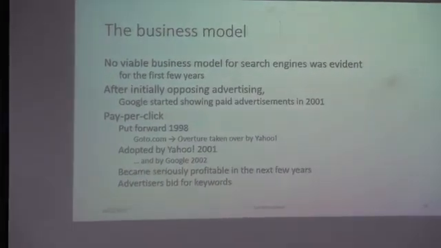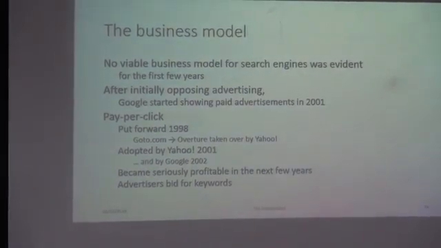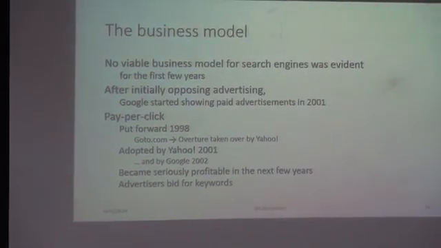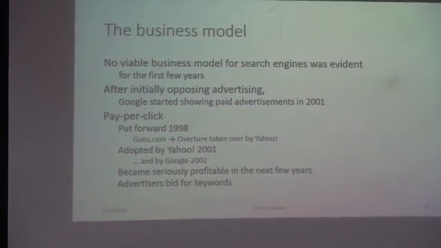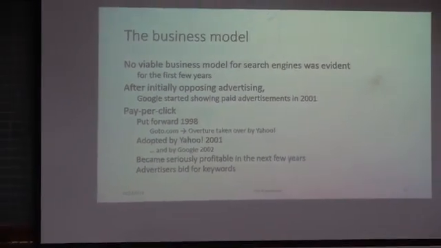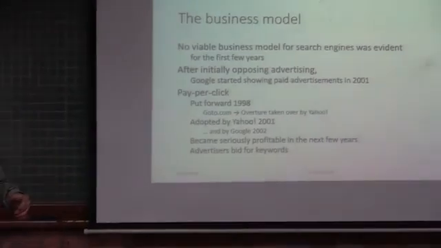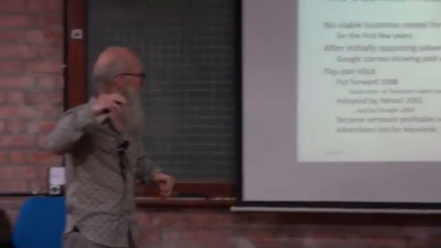I'm sure you know a little bit about that: advertisers bid for keywords, and if your query contains a keyword for which this advertiser has bid the most, that advertisement will be shown either at the side of your web search or at the top of your web search. And this has become a substantial business too.